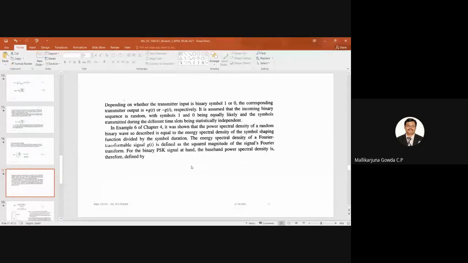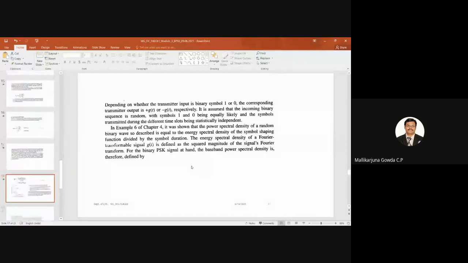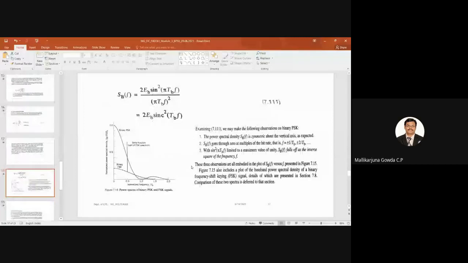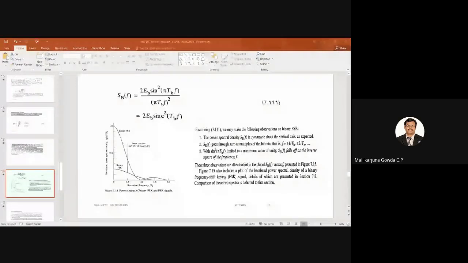How to find that energy and power spectra is what I have shown here. With respect to the power spectra, what I have shown is single sided, since it is symmetric. You can write the other side also for negative frequencies, but you consider this one only. This is for binary PSK, where I am moving the cursor now. This is the power spectra of the BPSK signal.